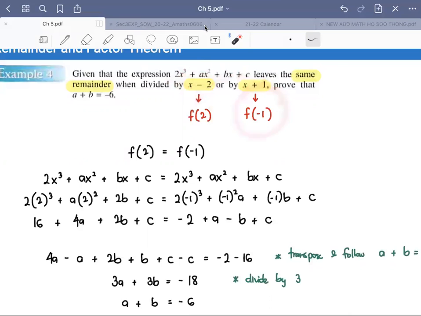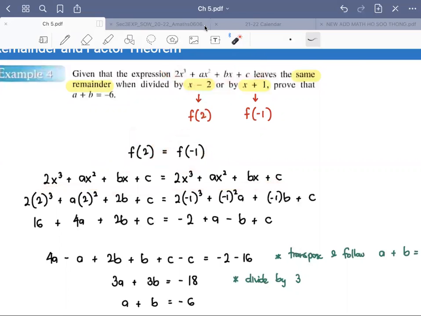So what do we need to do? Now, why did I write it like this? It's because they are equal to one another. The remainder of this is equal to the remainder of this. That's why f of 2 is equal to f of negative 1. So how are we going to write that? Using the same expression on both functions, we need to use it twice on both sides.